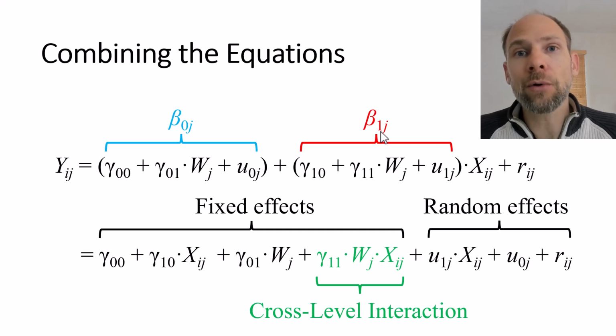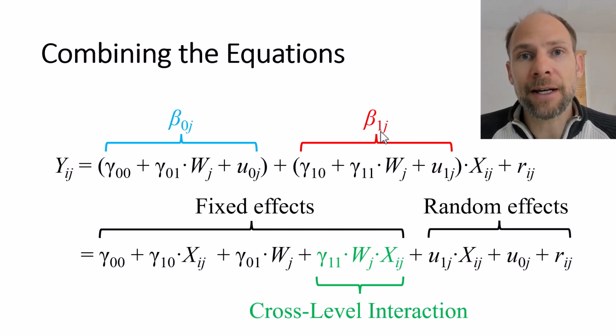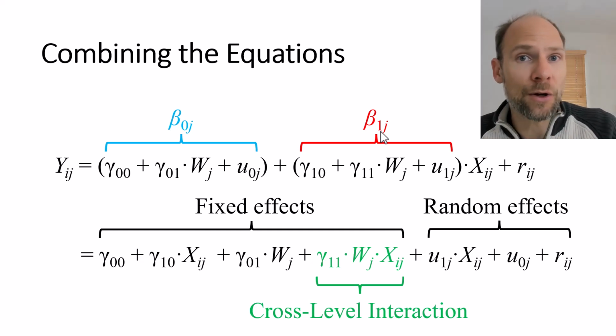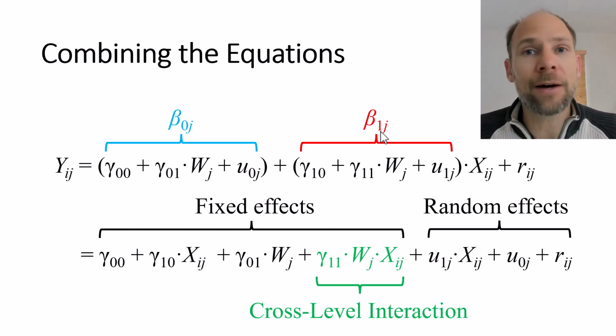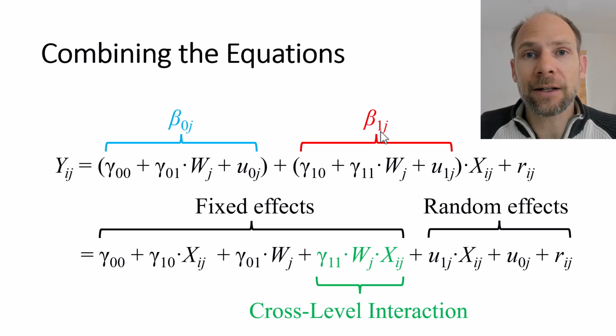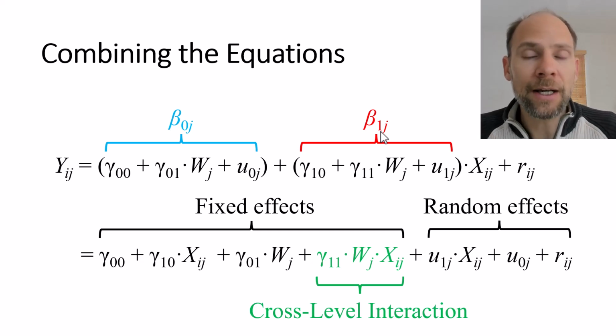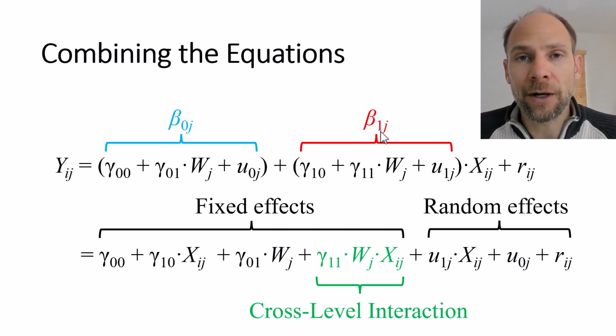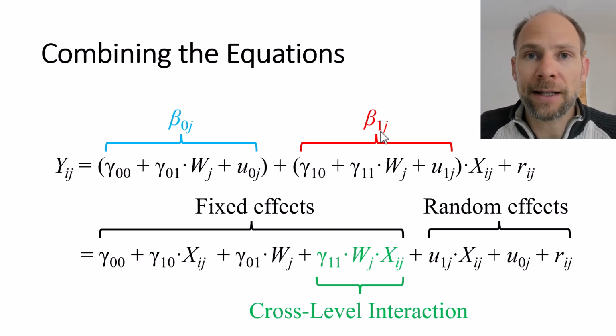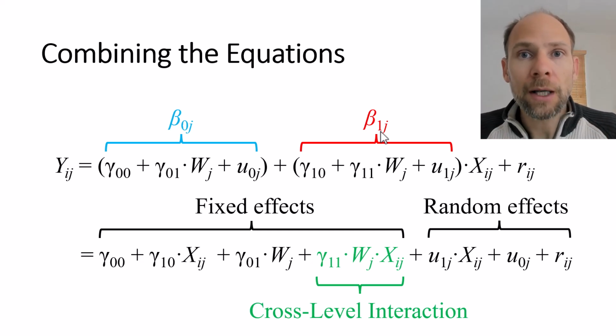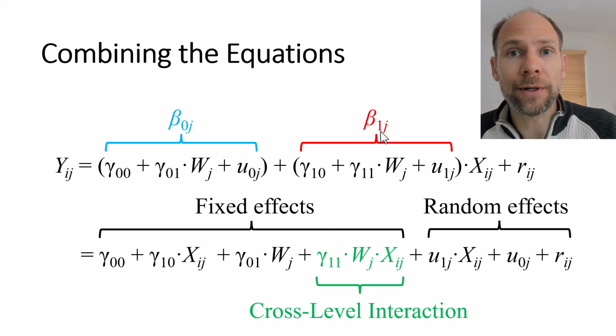If your model only has a random intercept, beta 0j, but fixed slopes for the level 1 predictors, then there would be no such thing as a cross-level interaction. What is critical for the cross-level interaction is that there be one or more random slope coefficients in your level 1 model, where the random slope is then predicted by a level 2 predictor.